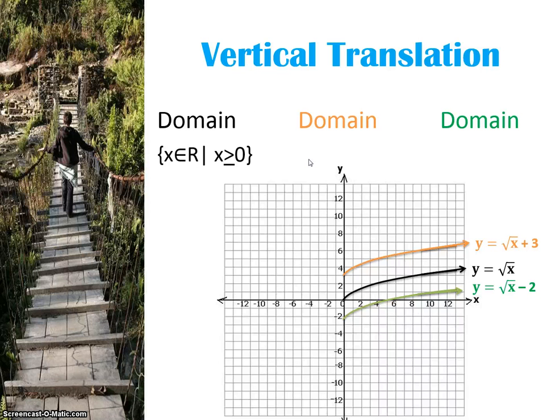Okay, now let's talk about the domain. The domain of the original is anything from 0 and onwards this way. There are no x values the other way. The graph doesn't go that way. So the orange is going to have the exact same domain, and so should the green. Because by moving it vertically up and down, you haven't changed the horizontal part of the equation. You've changed the vertical part, and we'll see that when we do the range.